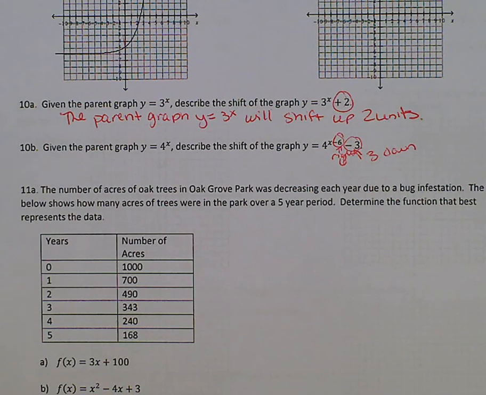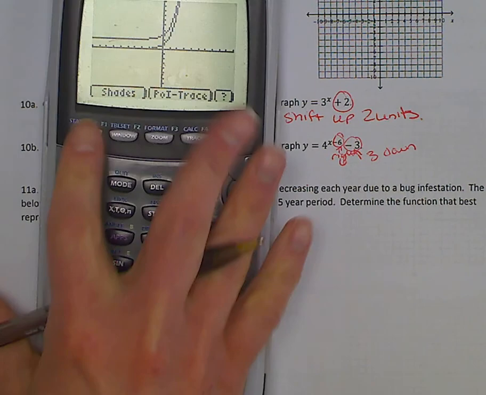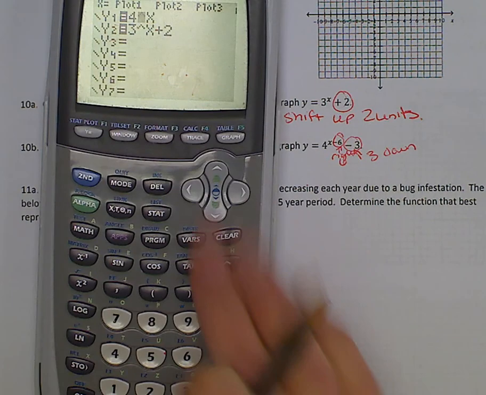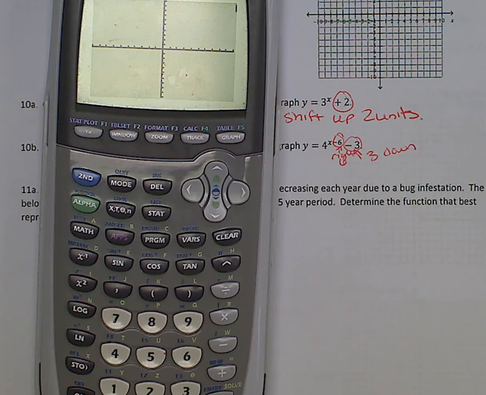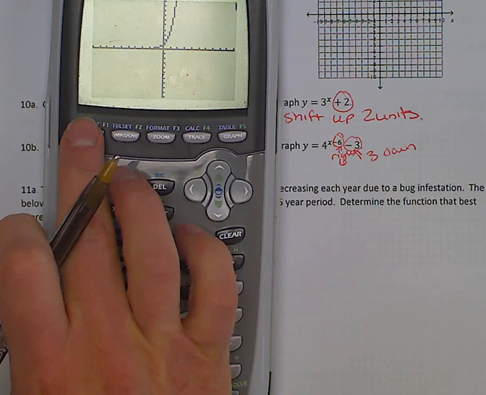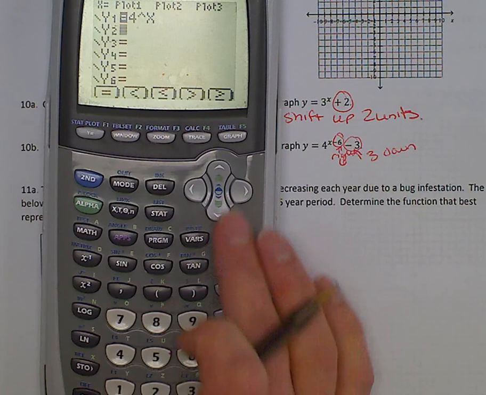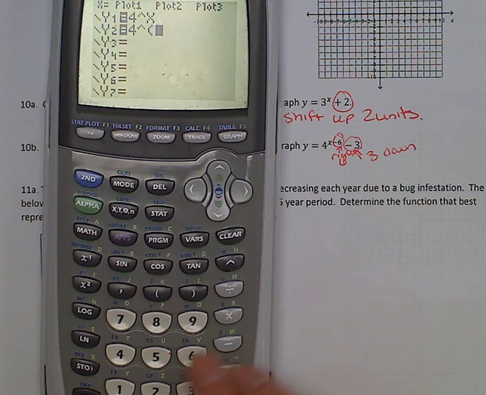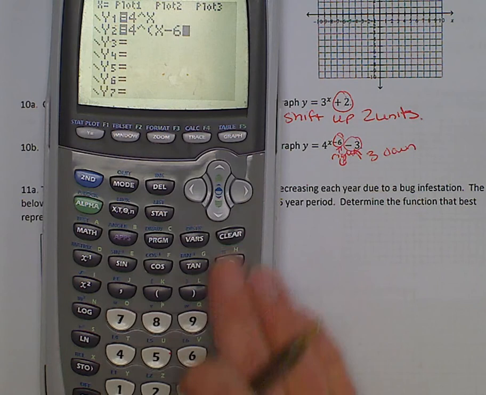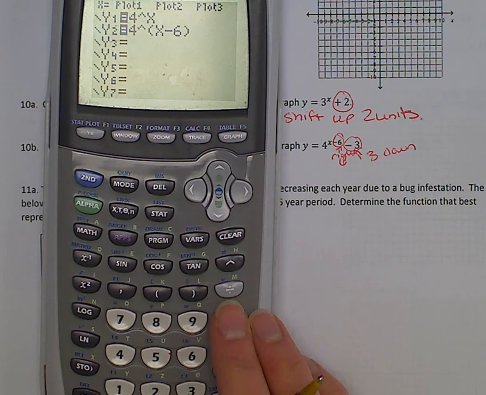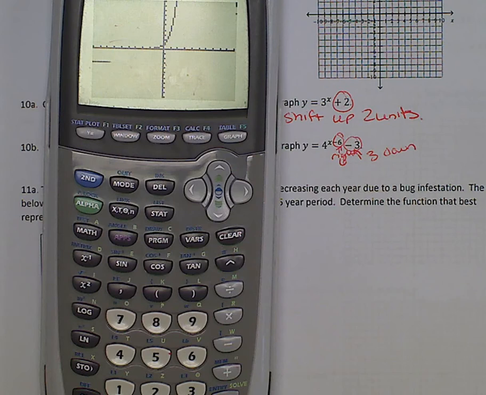And then if you're not sure, again, you can graph our parent function first, y equals 4 to the power of x. Then once we take a look at that graph, we could graph our second one and compare the two. We have 4 to the power of x minus 6 minus 3. Take a look at the graph. We'll definitely move down.